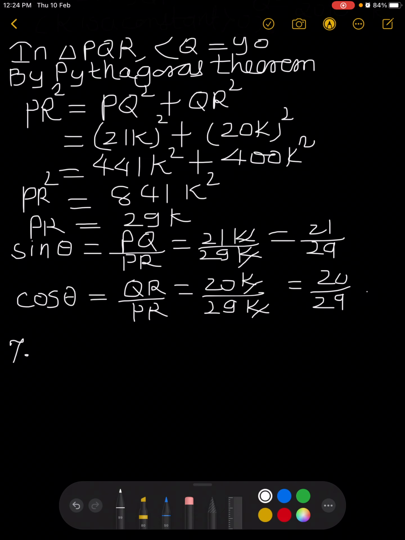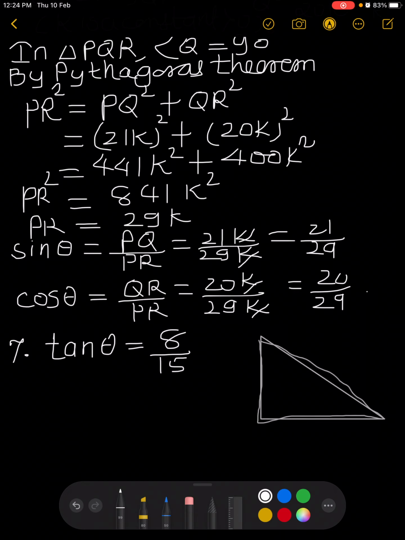In example number 7, we are again given tan theta as 8 upon 15. In order to get the other ratios like sine and cos, I will first draw a right angle triangle. Let us call this right angle triangle LMN. Angle M is the right angle, and angle N is theta in measure.